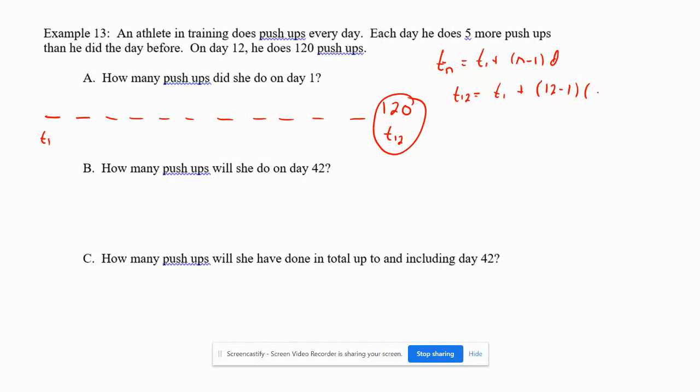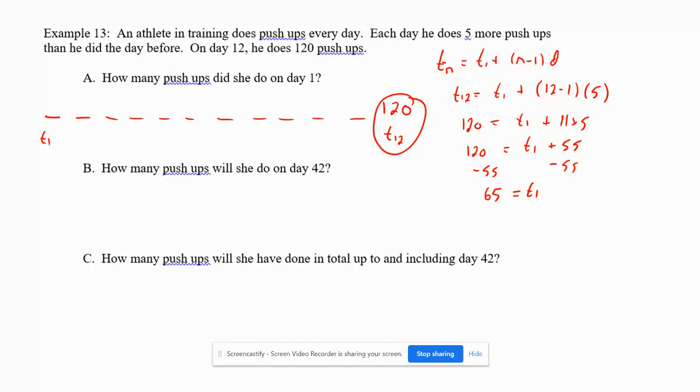And I know that my common difference here is 5 because he does 5 more than he did the day before. Okay, so that's my common difference. So T12 is 120 in this case, equals T1 plus 12 minus 1 is 11 times 5. 120 equals T1 plus 55, minus 55 on both sides. 120 minus 55 is 65, which is T1.